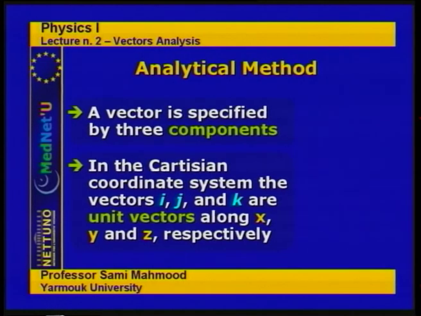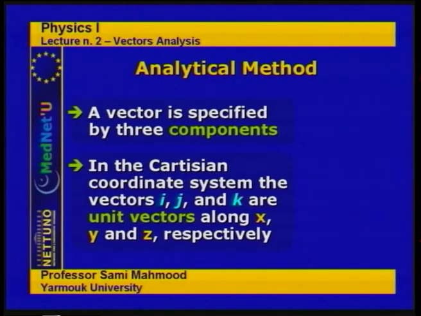For example, in Cartesian coordinate system, we choose the coordinates x, y, and z to describe the three components of a three-dimensional vector.